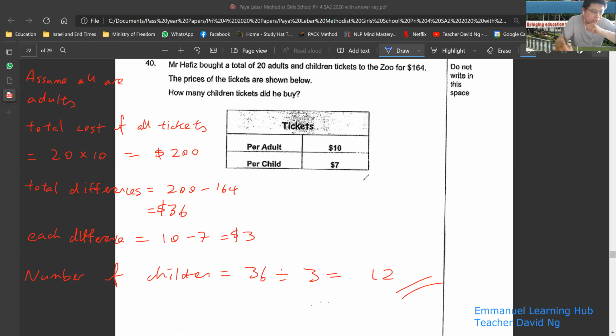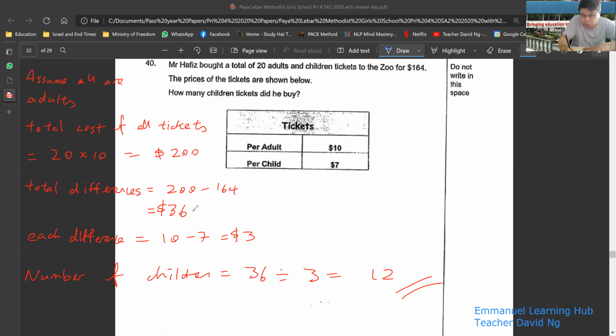You have to understand the steps here. How come I can find the number of children this way? In reality, you know it's not 200. In reality, you know it's 164. So you have the difference in the total. This difference is the result of having children in the group.